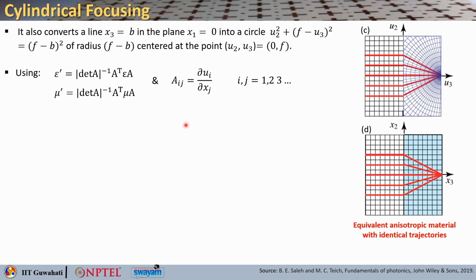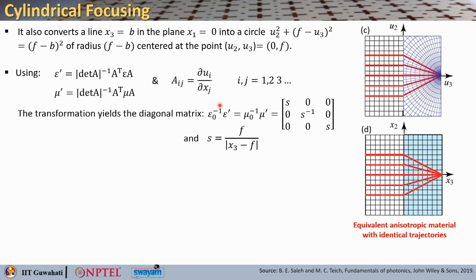So once you understand this kind of conversion, you can always calculate the new material properties epsilon prime and mu prime from this formula, where the Jacobian matrix can be calculated. You can practice this and find out.